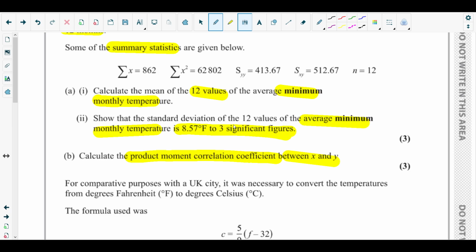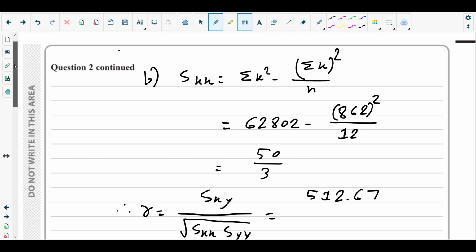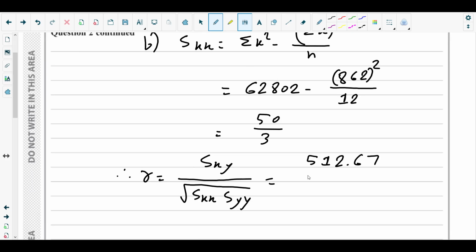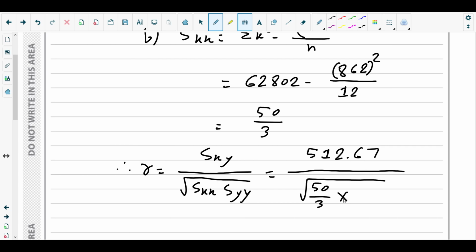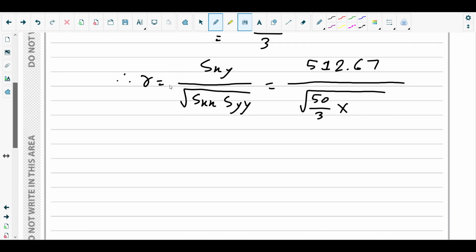The value for S of xy is 512.67, and the value for S of xx we already have here, which is 50/3, and the value for S of yy is 413.67.